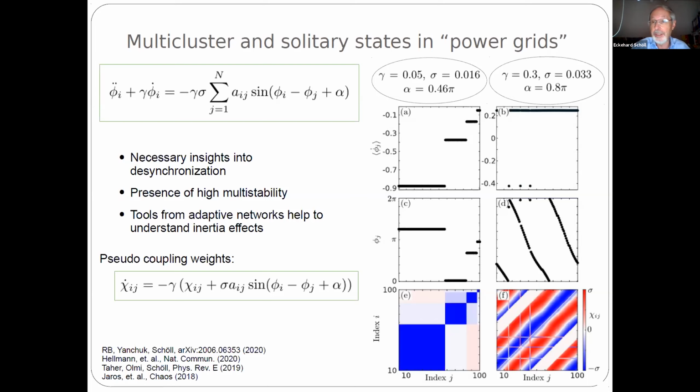But multiclusters are, I think, more difficult to control, and they also occur for a much wider range of parameters. For us, the real insight with the solitaries was that if you have alpha not equal to 0 in your language here, they become much more prominent, and they are certainly underappreciated in the engineering community as a threat. So I agree. Okay, very good. Thank you again.